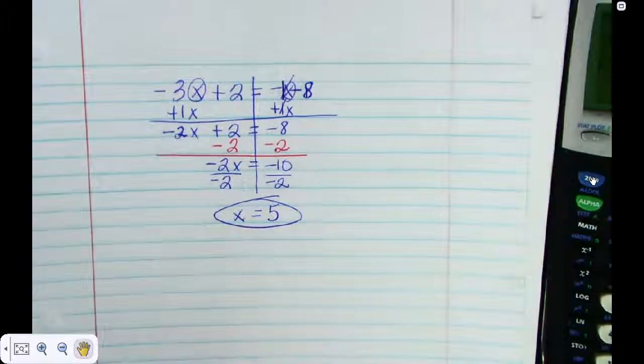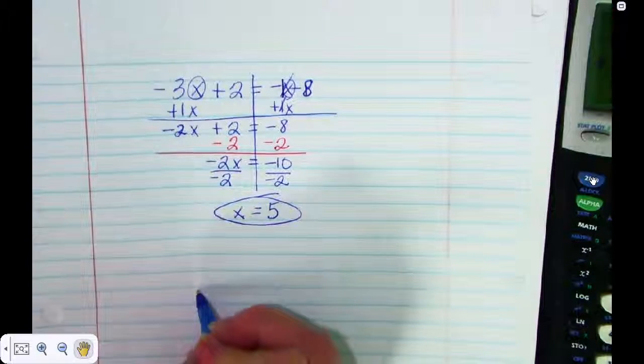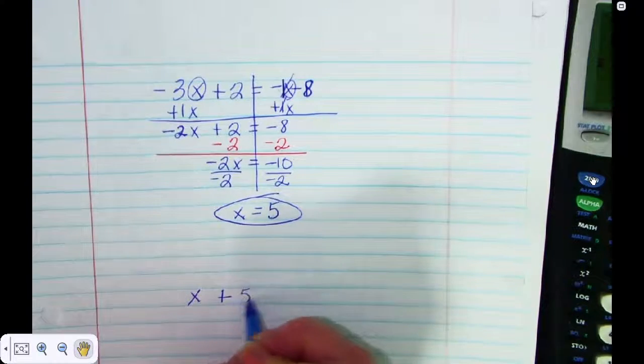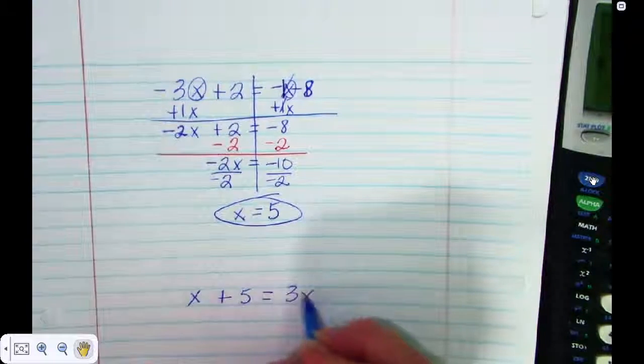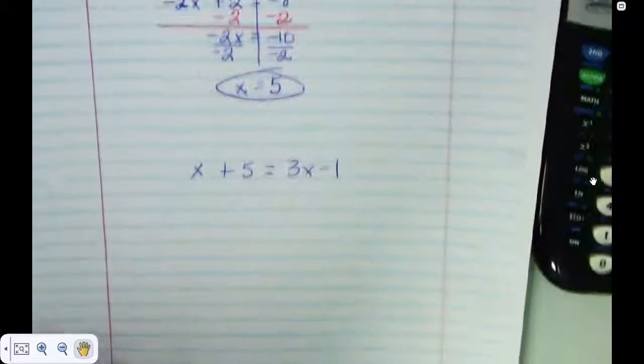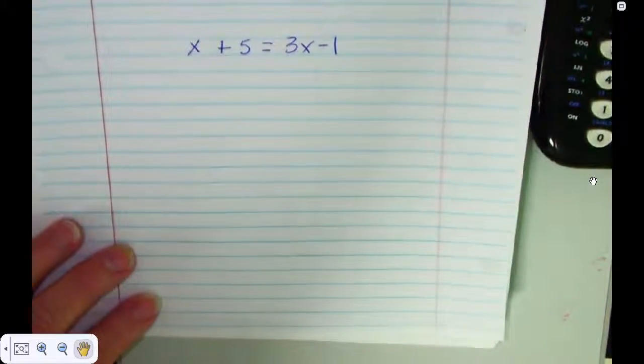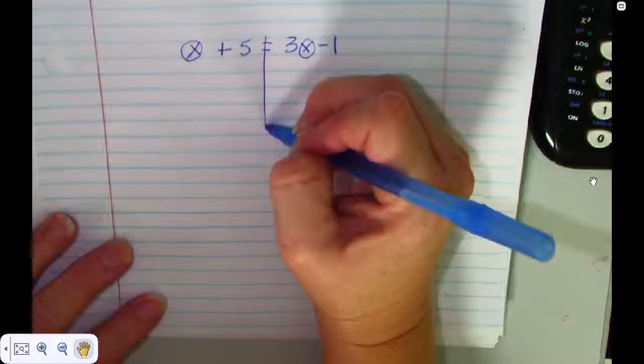Okay, let's write down another problem. X plus 5 equals 3x minus 1. Circle your x's, draw your river.